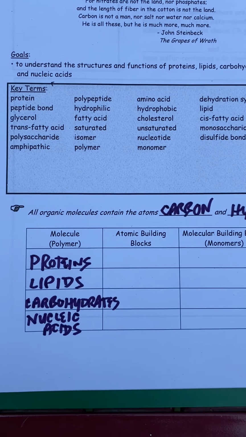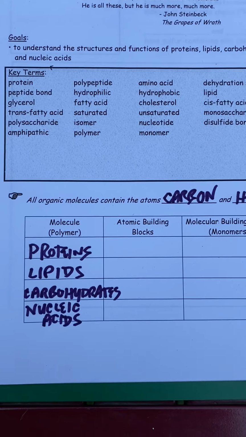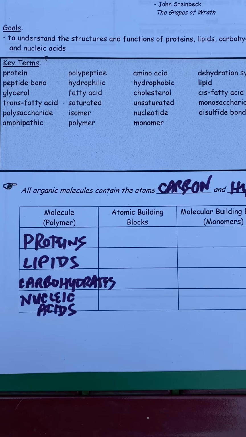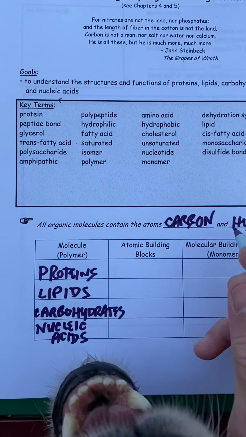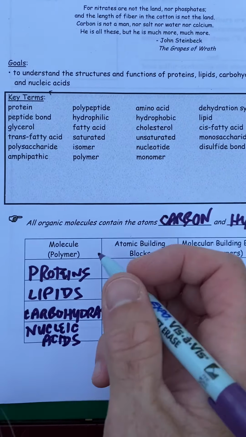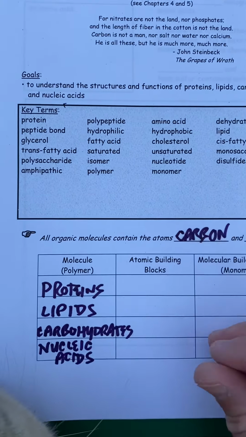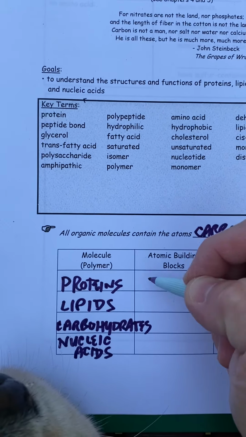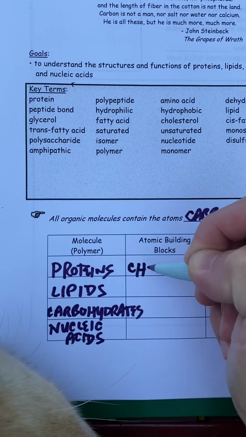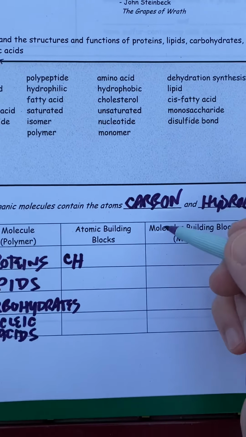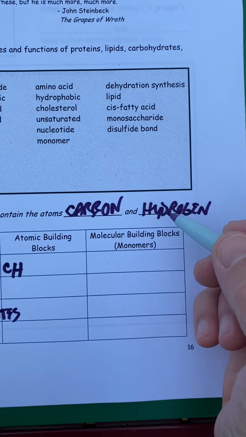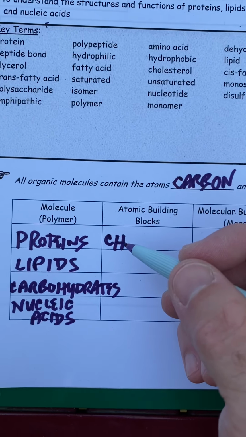We just spent a couple of weeks talking about the periodic table and elements and atoms and bonds and all kinds of good stuff like that. So if I wanted to build a protein, which elements do I need? Which types of atoms do I need? Well, I'm definitely going to need carbon and hydrogen because, well, look up here. Proteins are organic molecules, so organic molecules always contain carbon and hydrogen, so that must be true here.